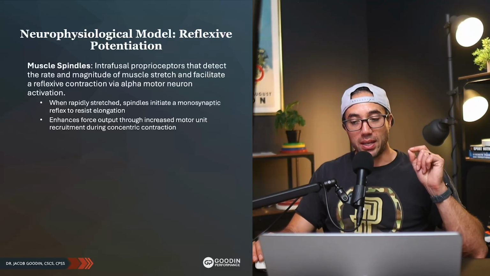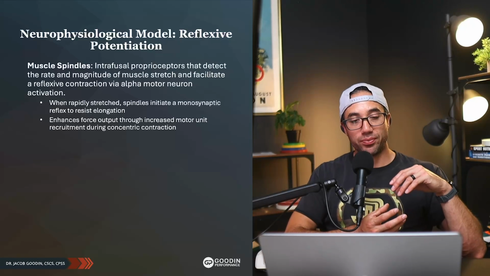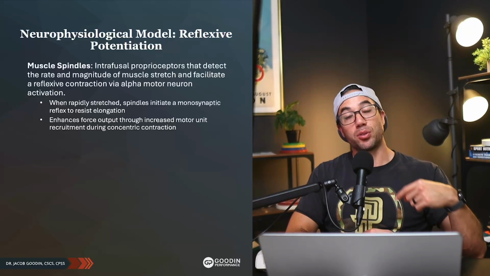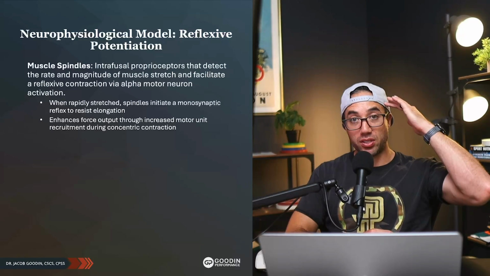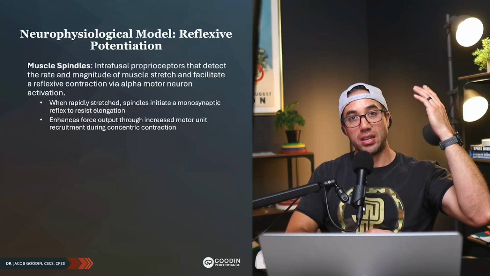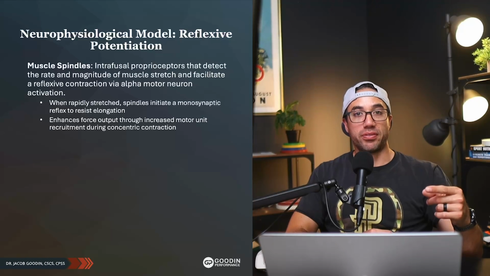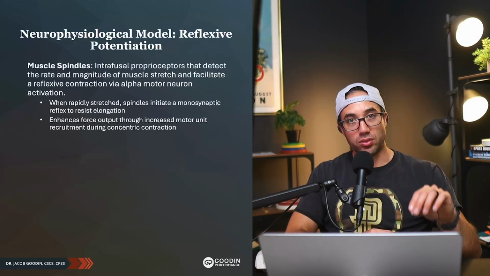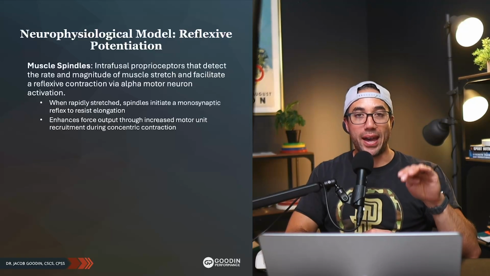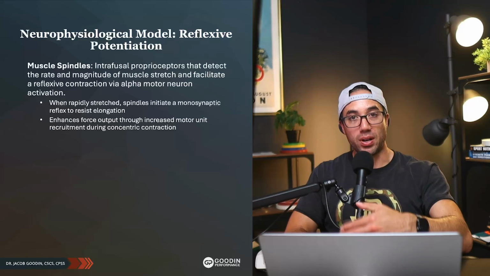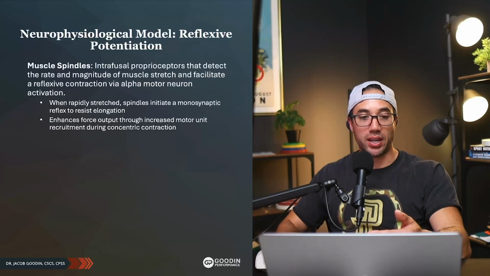So recall that muscle spindles are embedded within the muscle. Okay, they're intrafusal fibers. When they are stretched rapidly, they send a signal back to the spinal cord that does not reach the brainstem. It's not conscious, it's a subconscious reflex that amplifies the contractile signals, the action potentials, down the alpha motor neuron to the agonist, to the prime mover of that action, okay?